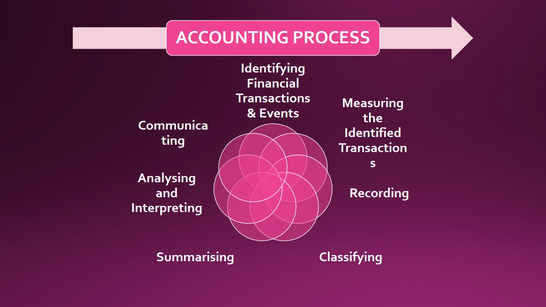The third step is recording. After that, on the basis of documentary evidence, a proof, a source document, the recording takes place, that is, the transaction is written in the original book of entry, which is called journal. There are different kinds of journal.